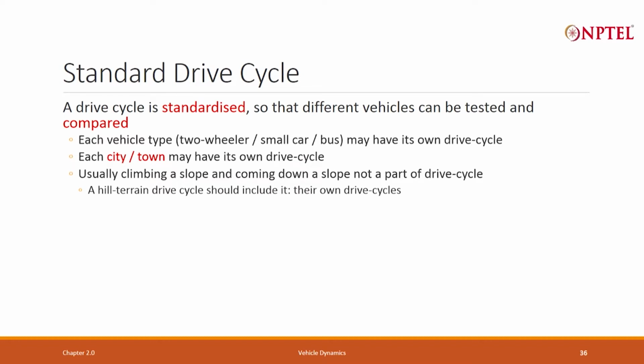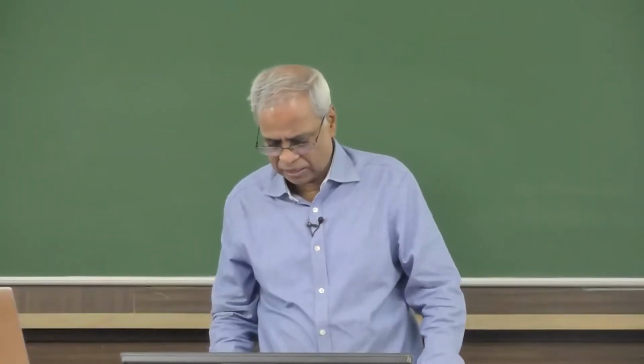You have to define a drive cycle for Trivandrum that takes into account the slope up and slope down. In fact, while I will mostly talk about flat road, I am going to give you some assignments where I will say, let us have a slope up and down, what is the energy consumed per kilometer.